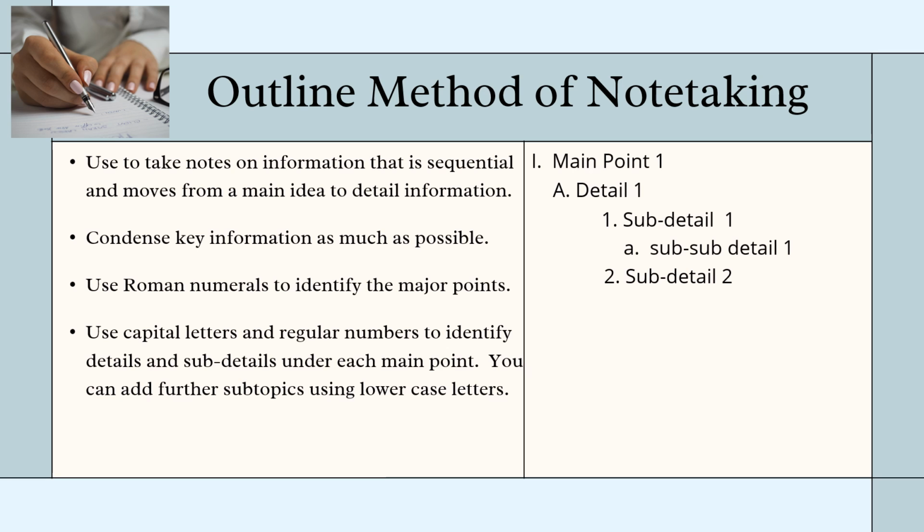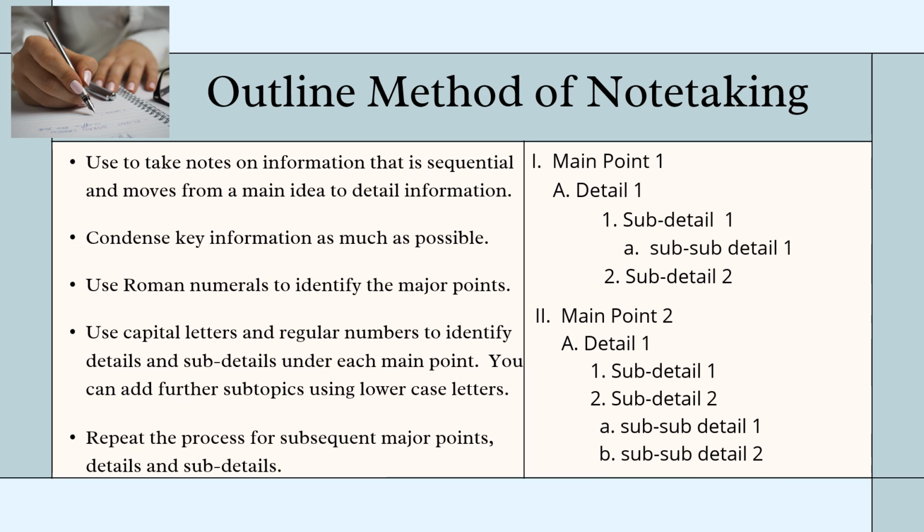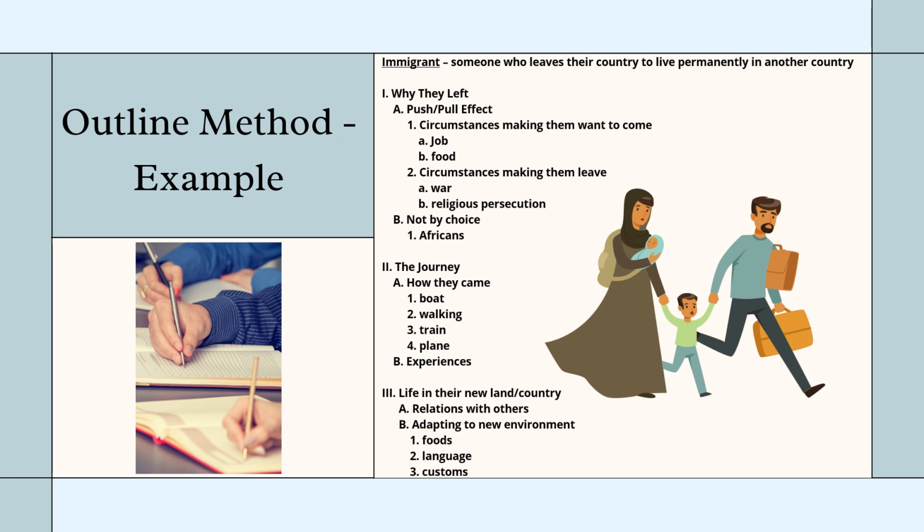You can add further subtopics using lowercase letters. Repeat this process for subsequent major points, details, and subdetails. Here is an example of notes from a lecture on immigration using the outline method.